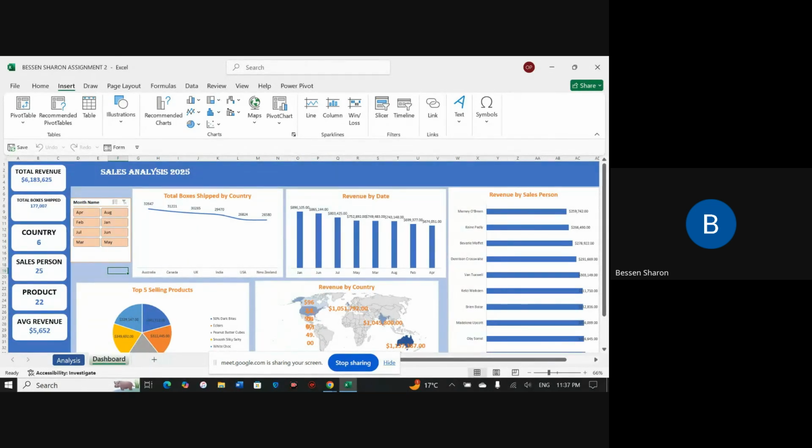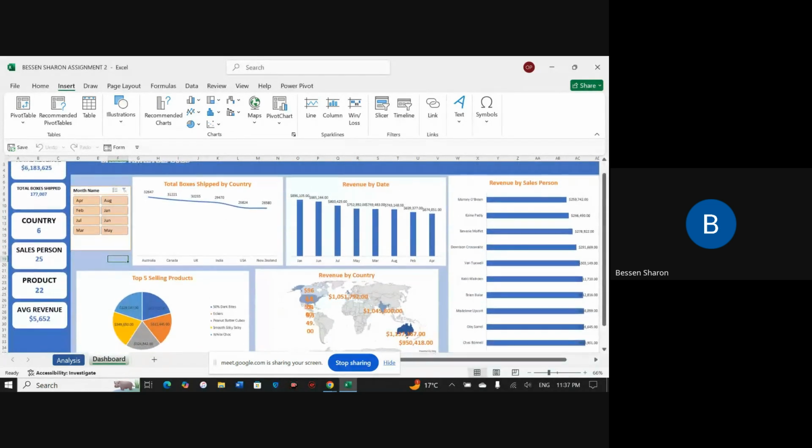My total number of boxes shipped, country, salesperson, products, average revenue. Then for my charts, I use the bar charts, I use the heat chart, and in this chart I use the map chart and the bar chart.